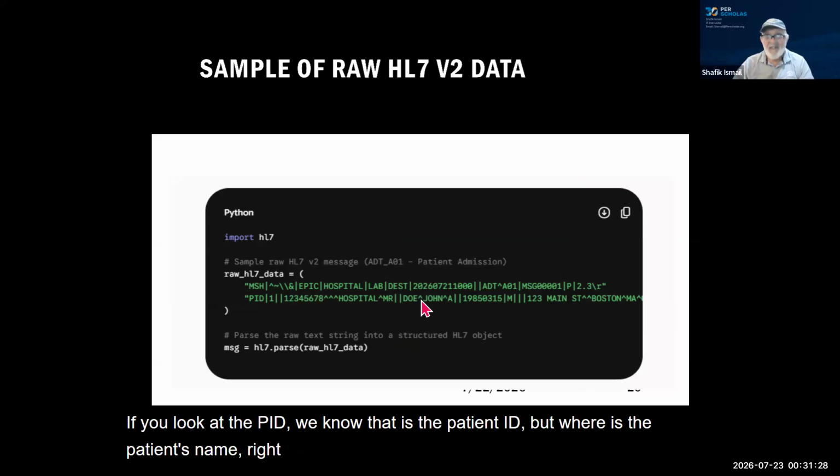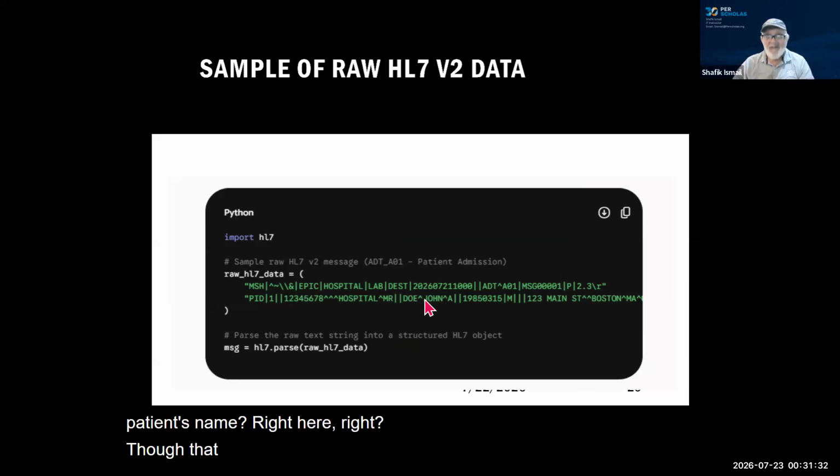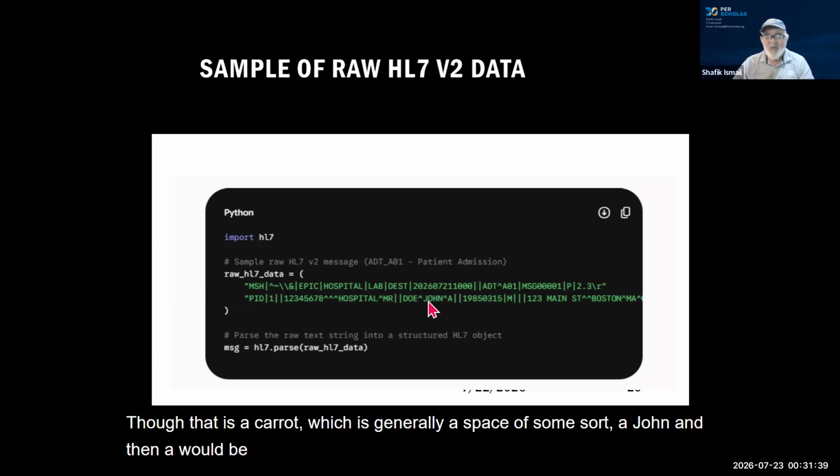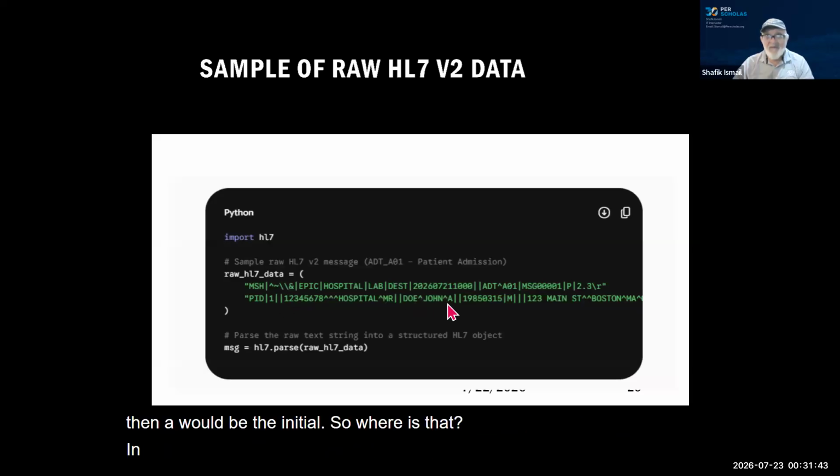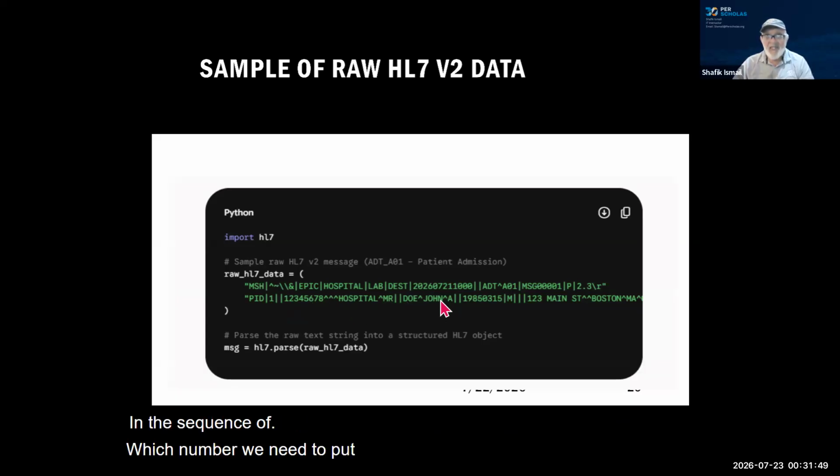Right here, right? That is a caret, which is generally a space of some sort, a John, and then an A would be the initial. So where is that in the sequence, which number do we need to put in to be able to pick that up?